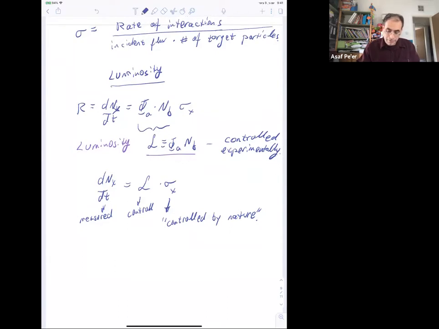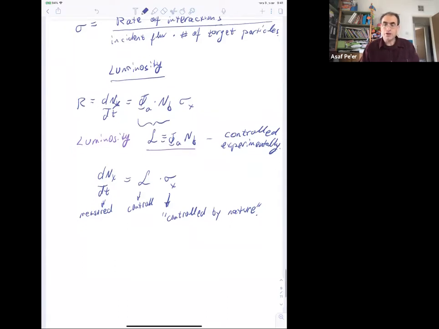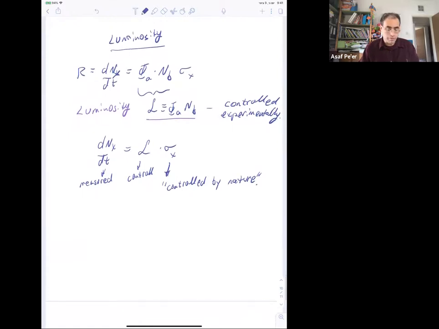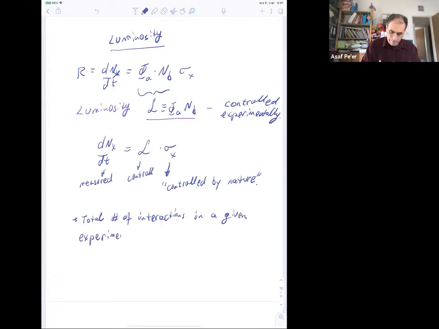Now, this is the rate of interactions per unit time. If you want to see the total number of interactions that occur in a given experiment, we must integrate over time.